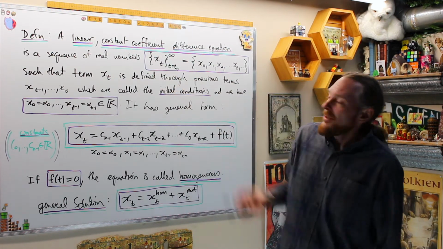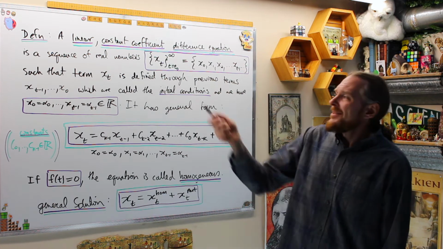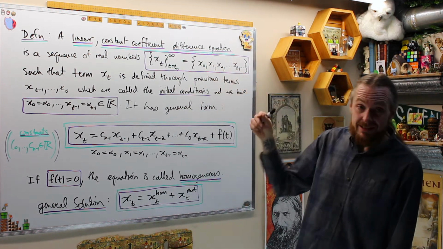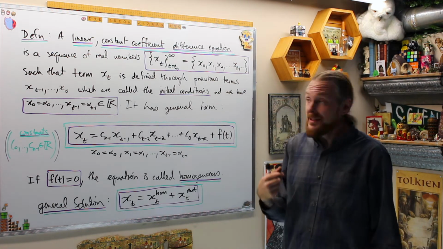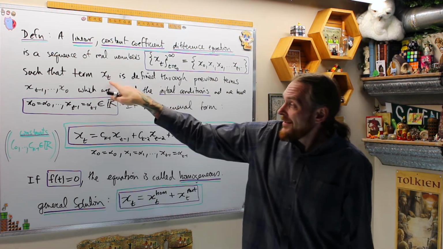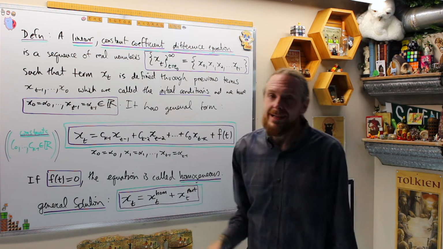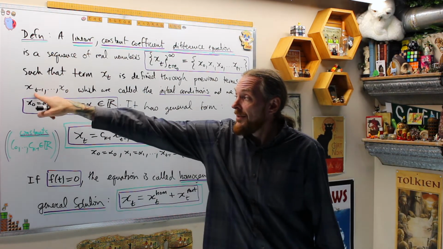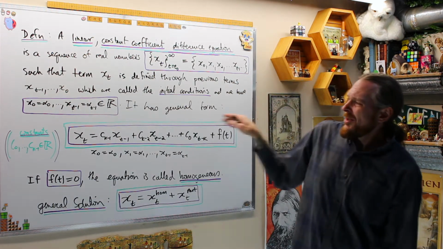All right, before we start, definition. A linear constant coefficient difference equation is a sequence of real numbers, these guys. So it's a way to compute, and it's going to have a specific real value in every stage, such that the t-th term, or x_t, is going to be defined through the previous terms, x_{t-1} to x_0.